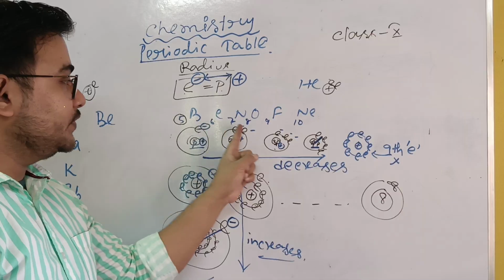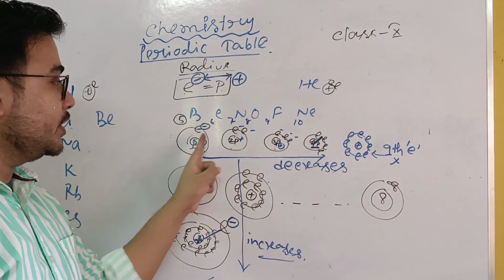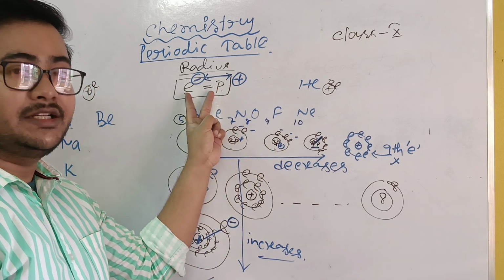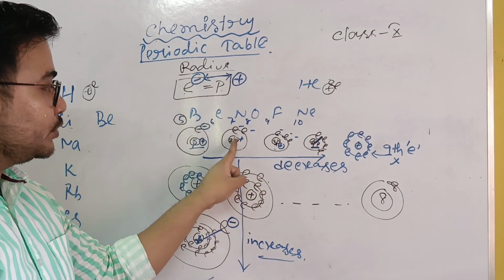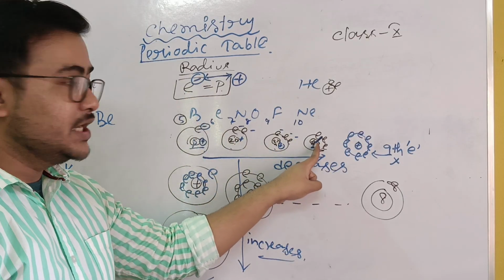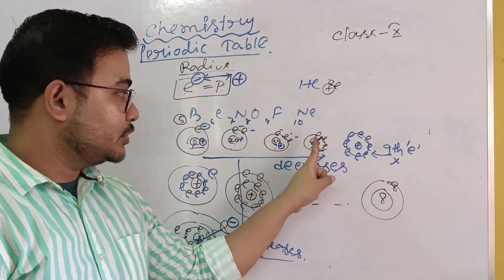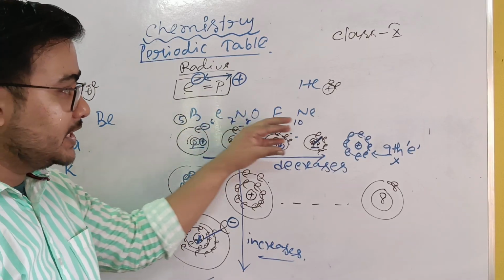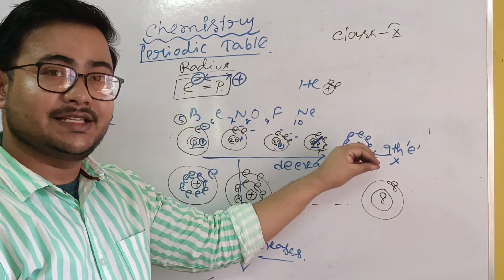Now the number of electrons increases one by one. Therefore the number of protons increases in the nucleus, because the number of protons and electrons are equal for a neutral atom. Now since the number of protons slowly increases, the attraction force towards the outermost electron increases, because protons attract electrons. So since the attraction increases, the radius decreases. Look at my finger, attraction increases, radius decreases.